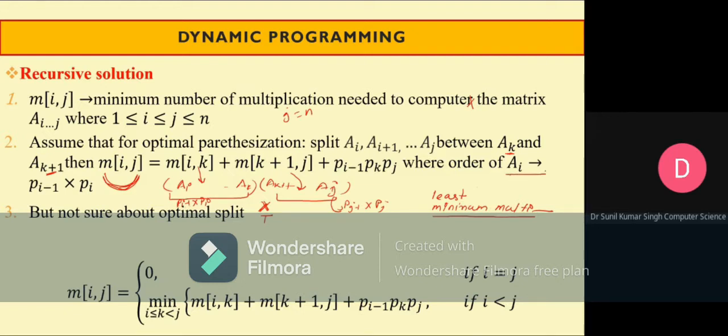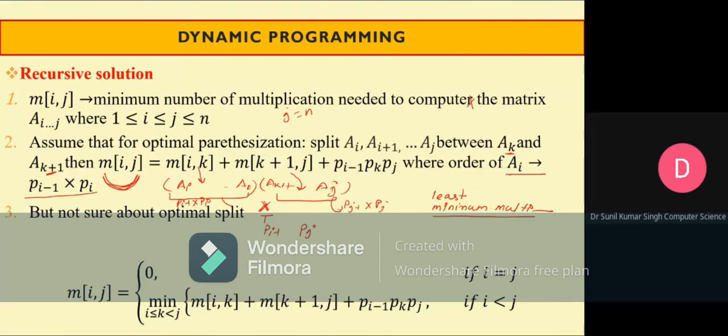If the matrix is Ai, then its order will be denoted like this. Then what will be the order of these two matrices? It will be pi minus 1 and pj.